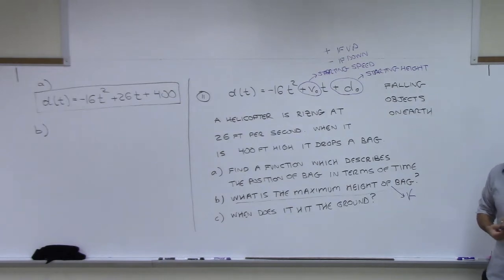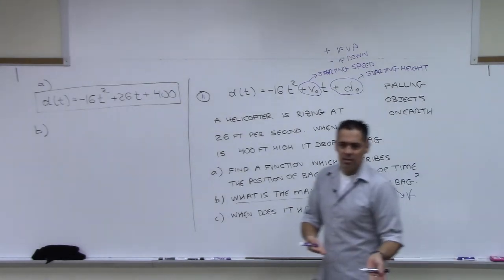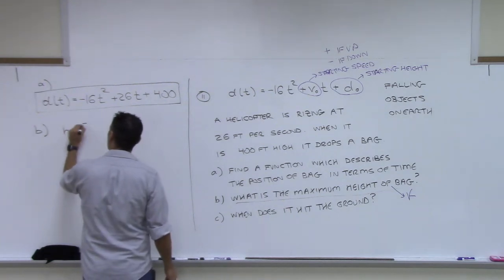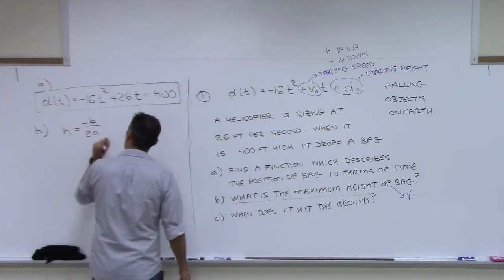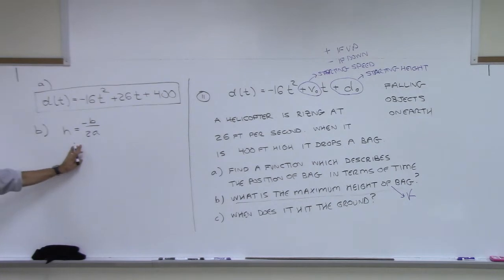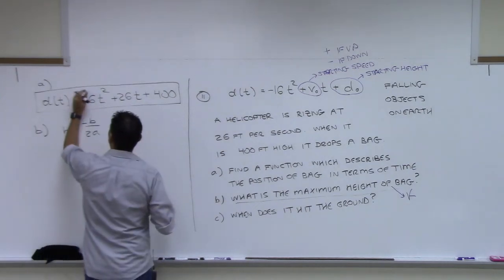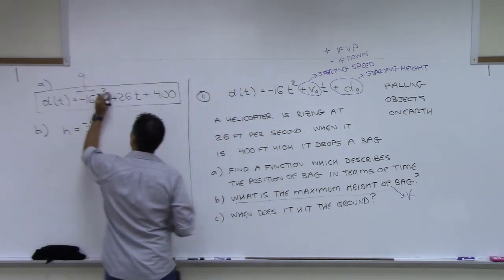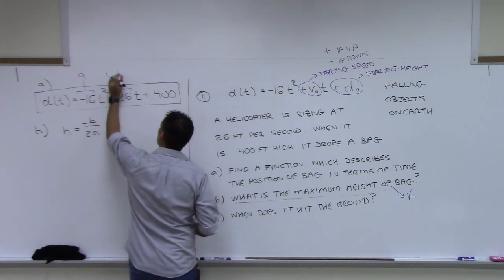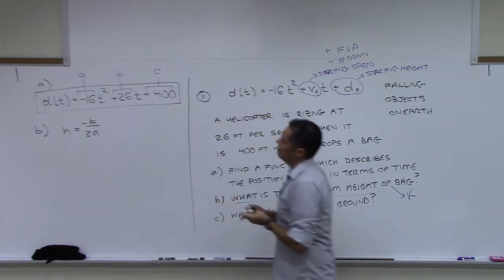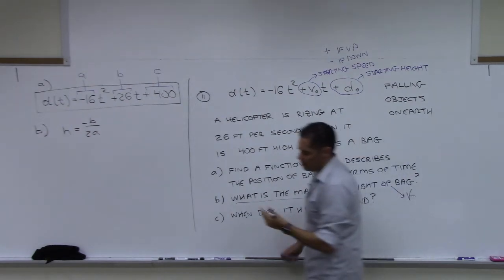Understand? But to get k, we have to get h. All right, so I'm going to start off here by getting h. There was a formula for that, negative b over 2a. That was our formula for h. And that means you need to figure out what a, b, and c are here. Negative 16 is A, positive 26 is B, and positive 400 is C. So I'm going to fill this in.